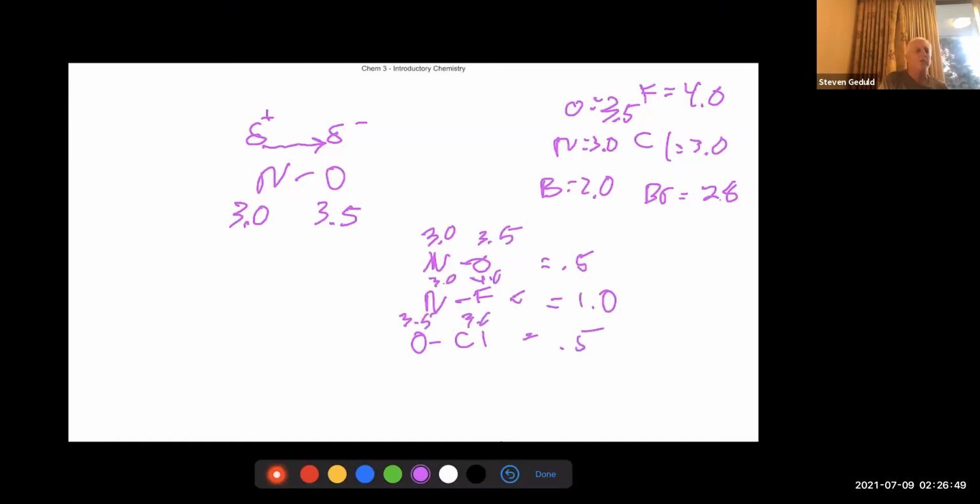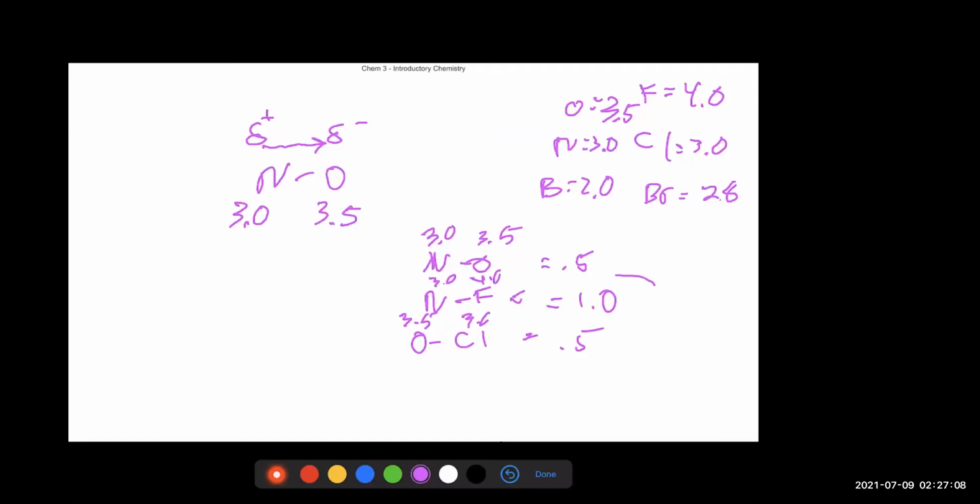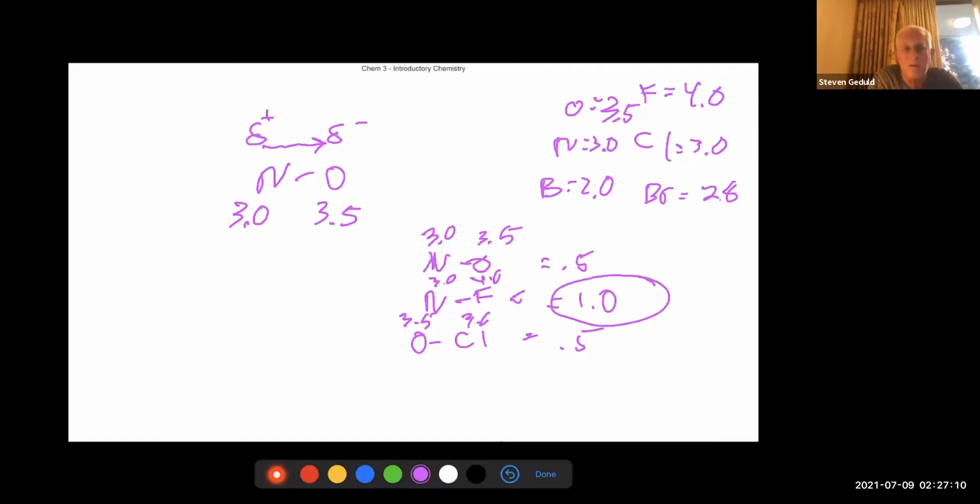So look at your numbers. Which one of those three is the most polar bond? Which is the biggest number? 1.0. Yeah. So your nitrogen fluorine bond is the most polar bond. It's got the greatest difference between the two, where they pull electrons apart from each other.